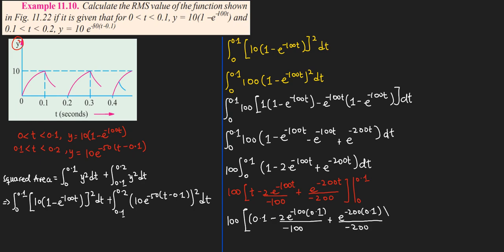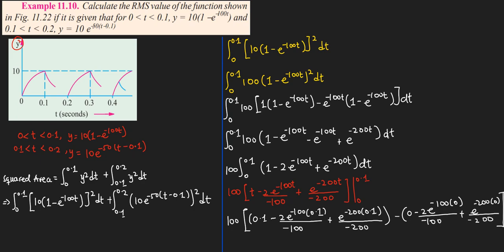All this minus 0, minus 2 e to the power minus 100 multiplying 0 divided by minus 100 plus e to the power minus 200 multiplying 0 divided by minus 200, and then brackets closed.